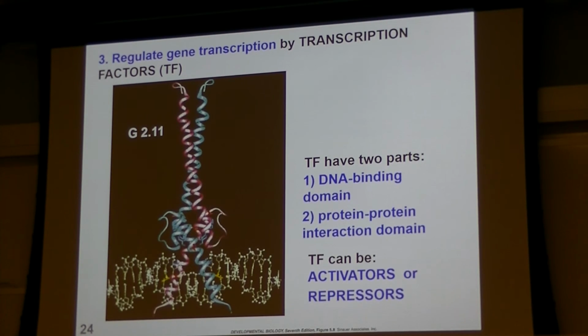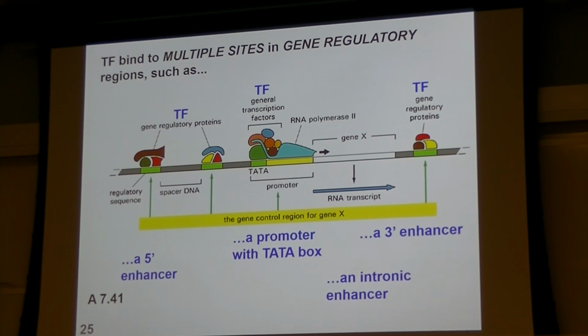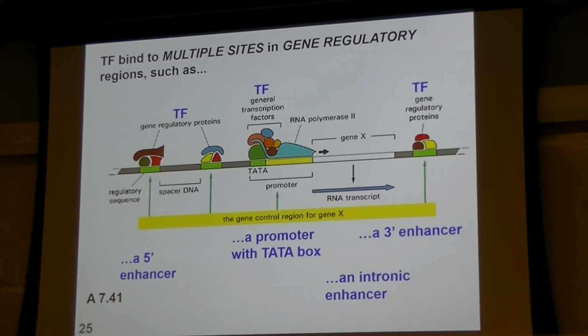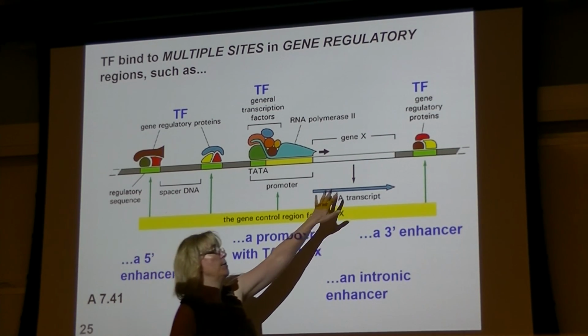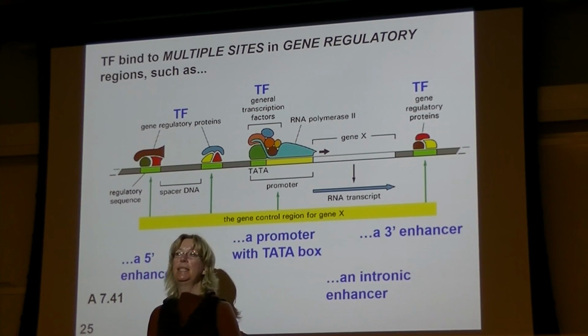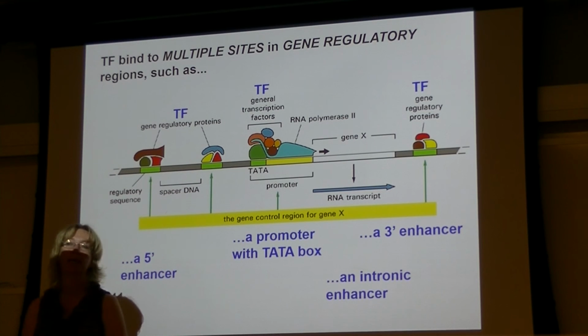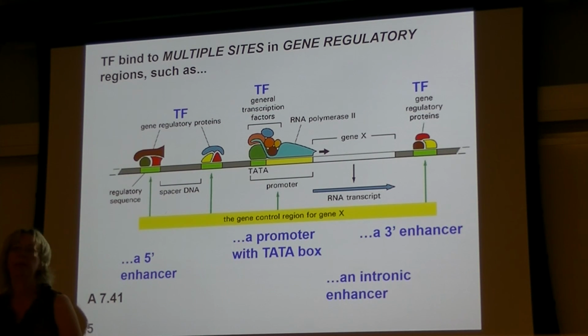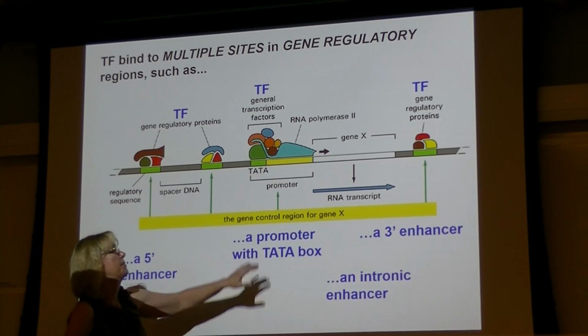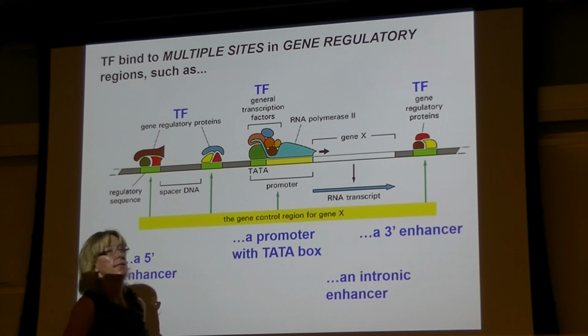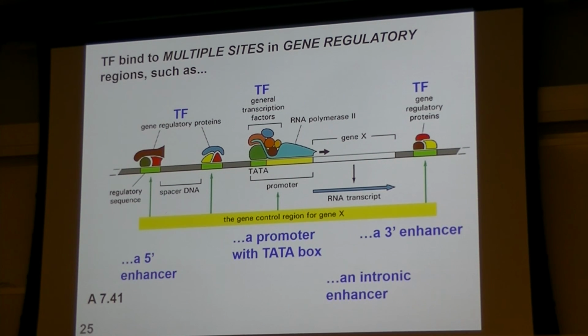Okay, let's do one more slide and then we'll take a break. So these transcription factors in the cell, they combine at multiple different places. So here we have the coding region of gene X. This would be the place that we have the base pairs that would contribute to the amino acid sequence. Upstream of that we have a promoter, the TATA box, RNA polymerase is bound there, and a bunch of transcription factors.